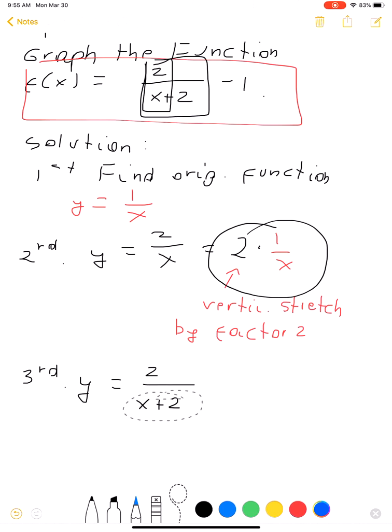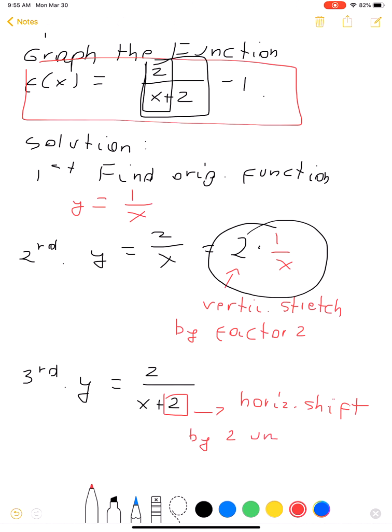Since we're adding 2, we have a horizontal shift. You see plus, that means you're moving the graph 2 units to the left. So we have a horizontal shift of the function from step 2 by 2 units to the left.